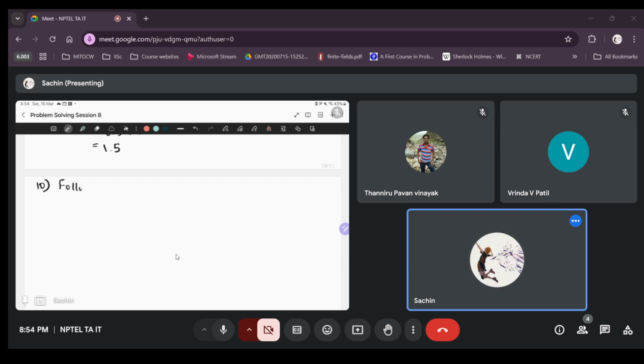Following the problem of Q9, what will be the rate distortion function for D equals 4?